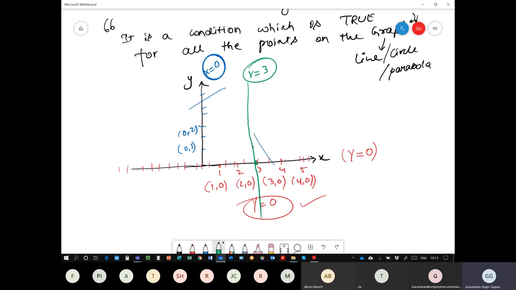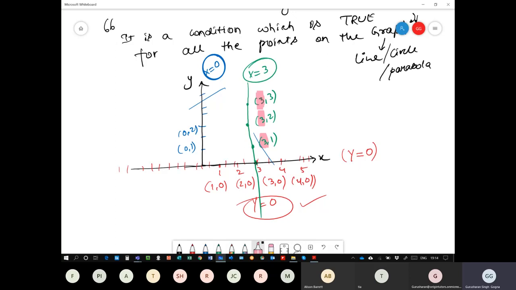If you consider any point on this line, let's say this point is (3, 1), this point (3, 2), next point (3, 3), you will see their x coordinate is always 3. And that's why the equation of a line parallel to the y-axis is always x equal to constant.